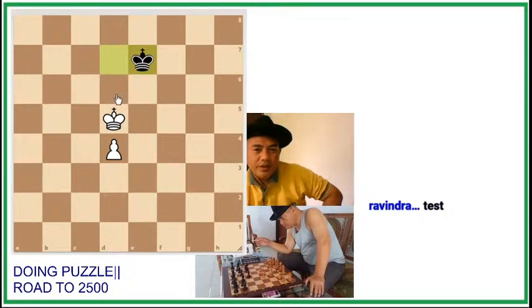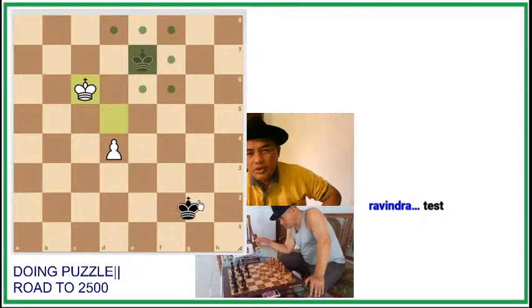Now if he moves, for example, here to the right, then he leaves this key square, and white can capture. When white is occupying one of these key squares, then wherever black positions his king on this board, this is a win for white.